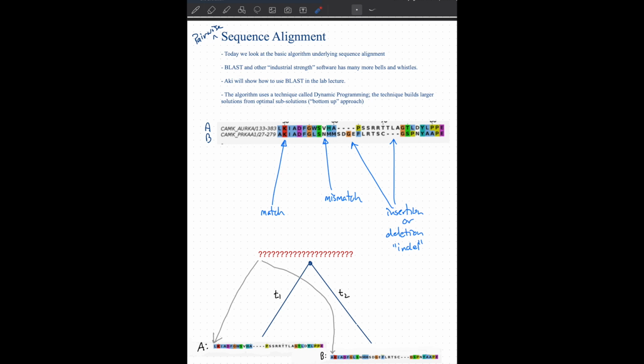Now, it has many more bells and whistles, and it's been sped up because these databases are huge, and we're not going to go into all the BLAST theory. It's very interesting, actually, how it works. But it's based effectively on what I'm going to show you today. Aki will try to lead you through in the lecture how to use BLAST in practice, right? It's quite simple. I mean, if you understand this, going and using it at the NCBI is like trivial.